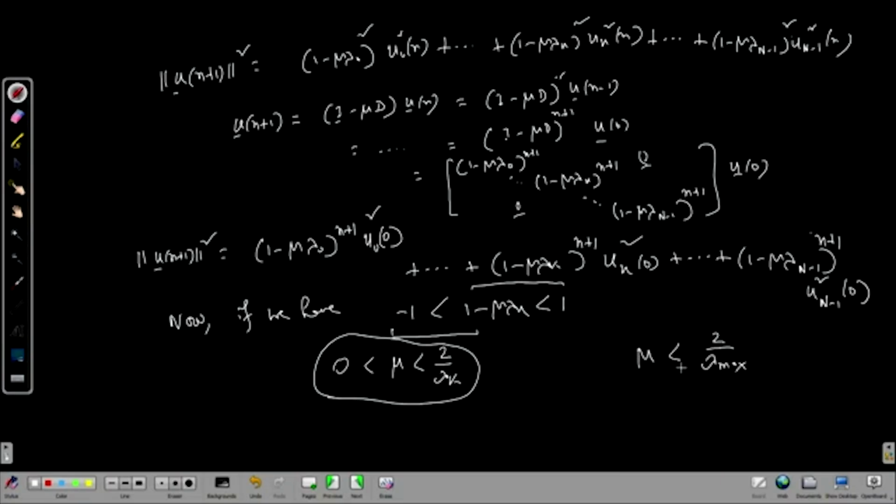Then mu less than 2 by lambda k will be satisfied for other eigenvalues also, because this is lambda max. For any other lambda k, 2 by lambda k will be larger than this. So if mu is less than 2 by lambda max, mu is automatically less than 2 by lambda k. So this is the condition we have for convergence.